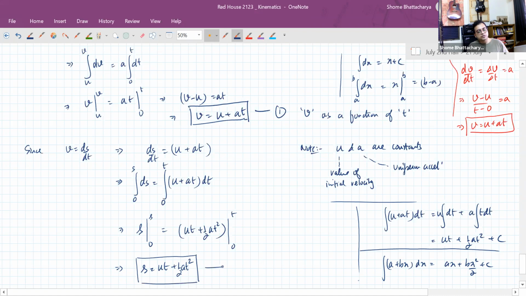This becomes our second equation of motion. Where we are getting displacement s as a function of time. This.